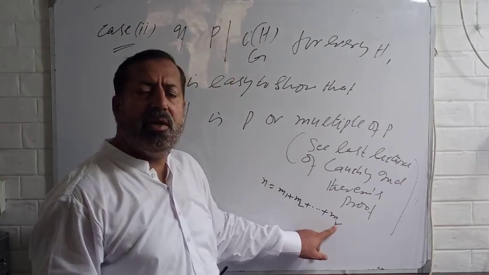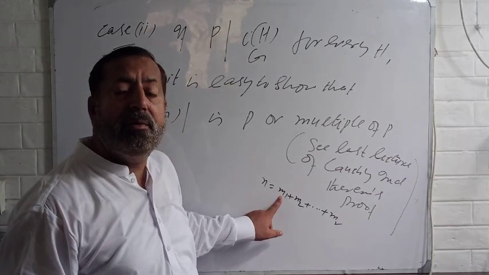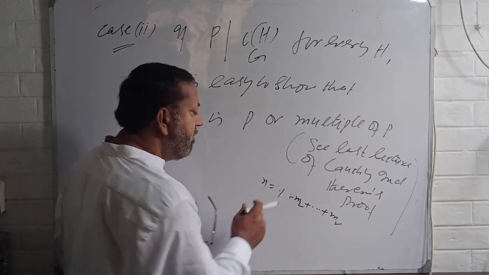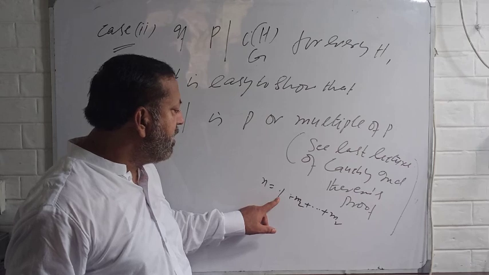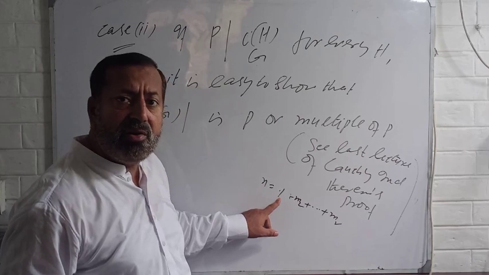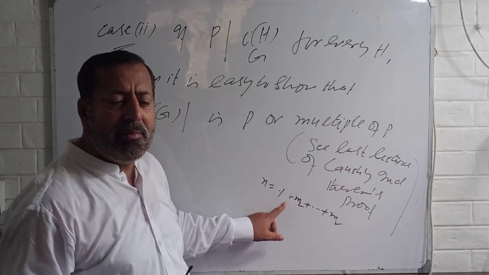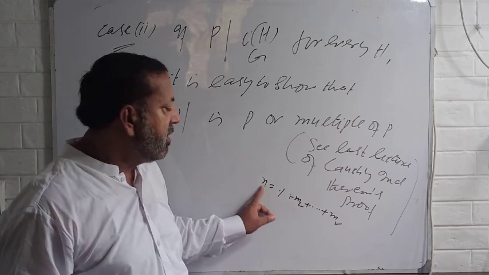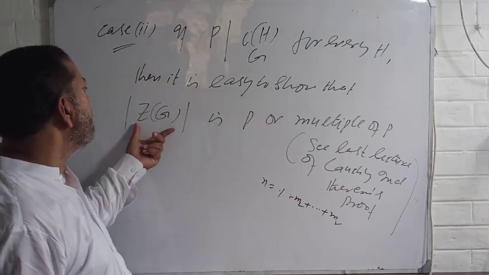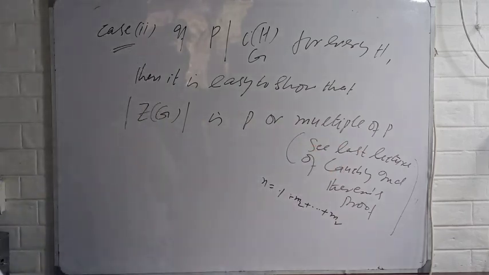So each term on the right side is divisible by p, and the left side is divisible by p. But remember, on the right side you have some self-conjugate elements. At least you have the identity element. If there is exactly one self-conjugate element, then all the others are divisible by p, p divides n, so p will divide 1, which is a contradiction. Hence there must be more than one, at least p or a multiple of p self-conjugate elements, so that the equation is balanced. Then it is easy to show that the order of the center of G is p or a multiple of p. Okay, I am at this step.